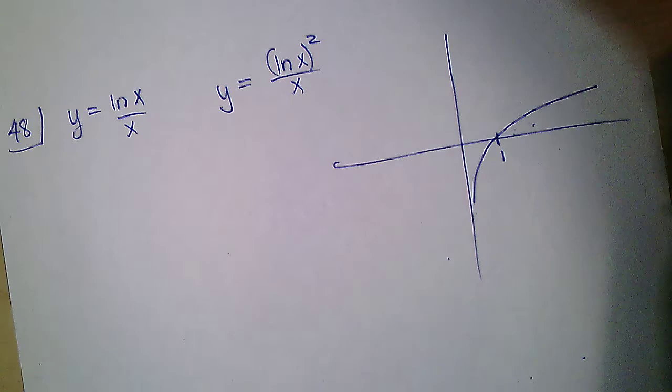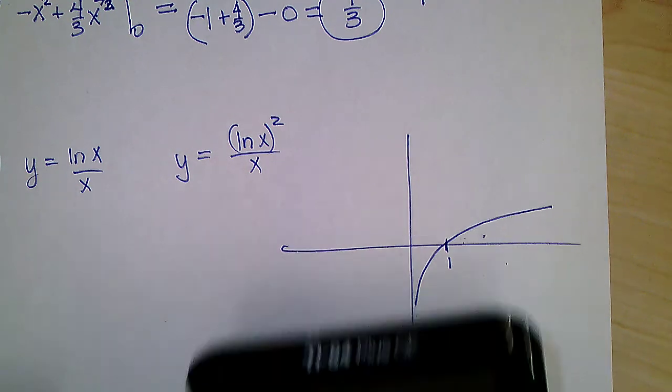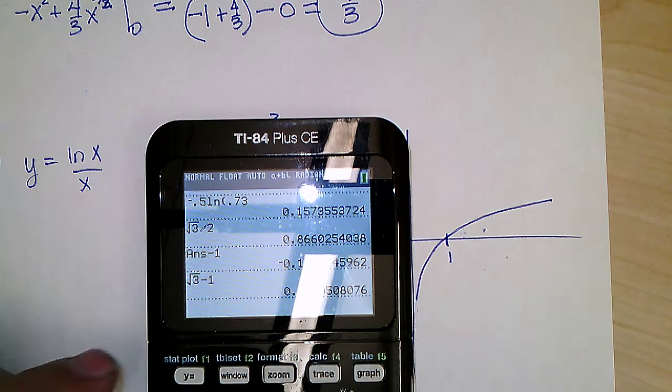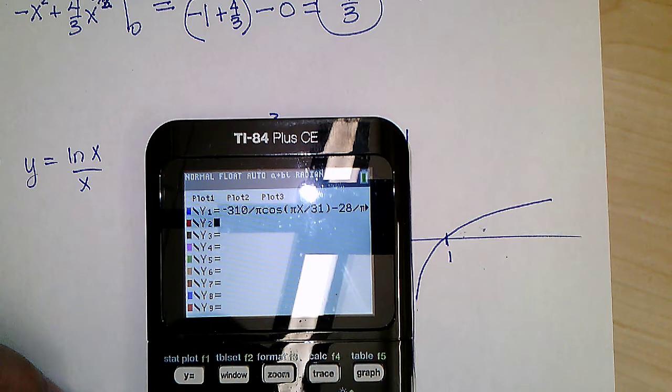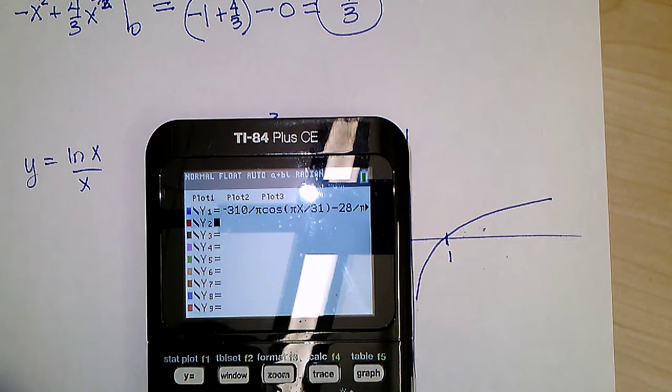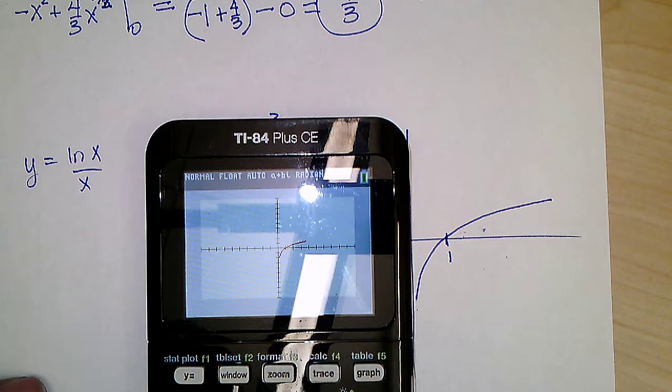And let me just verify that with you as soon as I can figure out where I put my calculator. Show you what I mean. So if I go up here and turn that one off, come down here and type in ln x, close parenthesis, and go zoom 6. Actually, stop that. Let's go zoom 4, see a little closer.